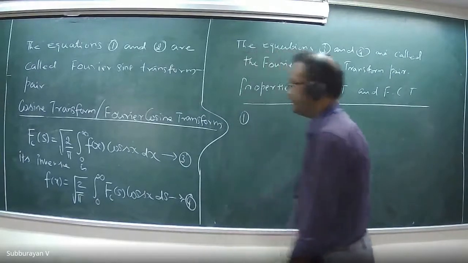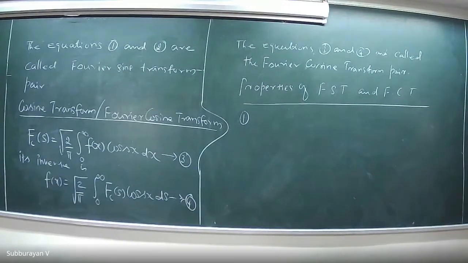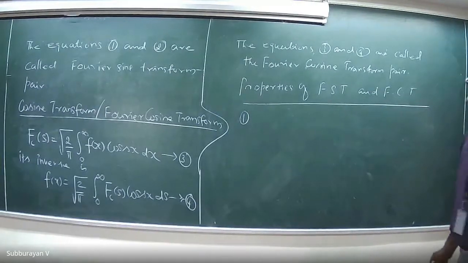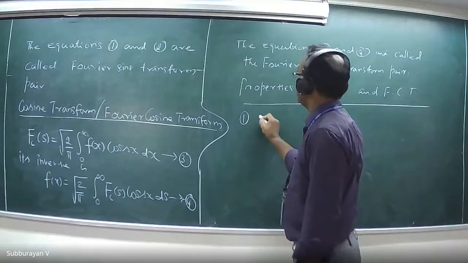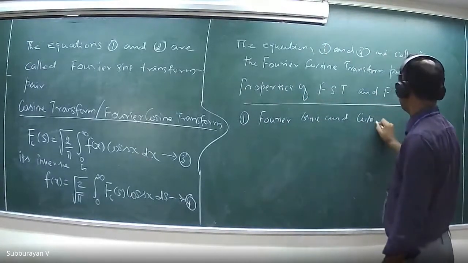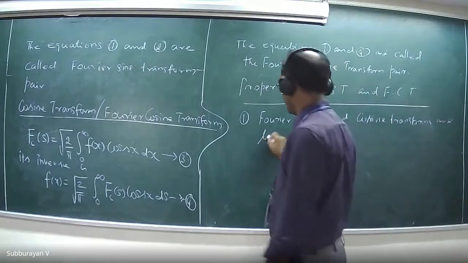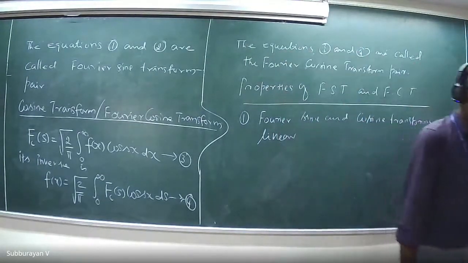Okay, first property: Fourier sine and cosine transforms are linear.